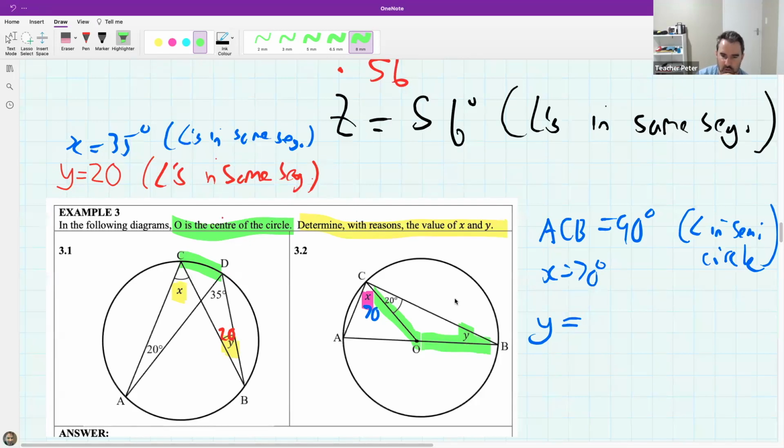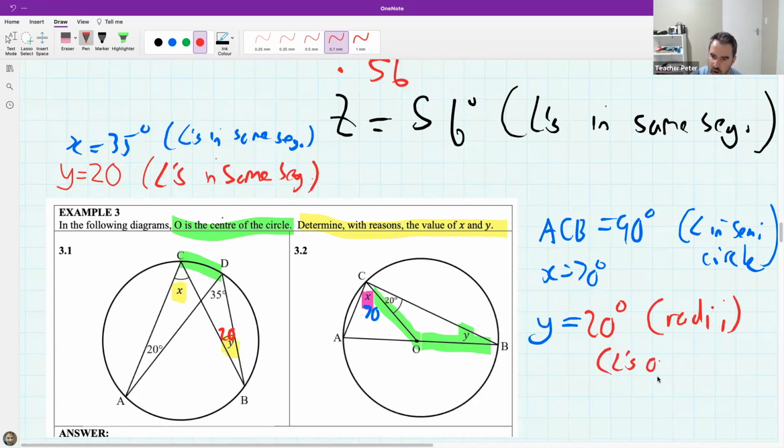What is special about those two green lines? They are radii, yes. And what do radii make? They make isosceles triangles. So you can say y is 20. You can either say radii, or you can say angles opposite equal sides. So literally, those two sides are equal. The angles opposite them must also be equal.